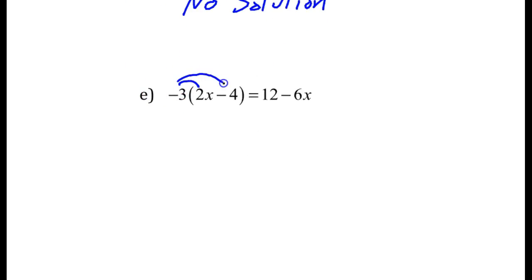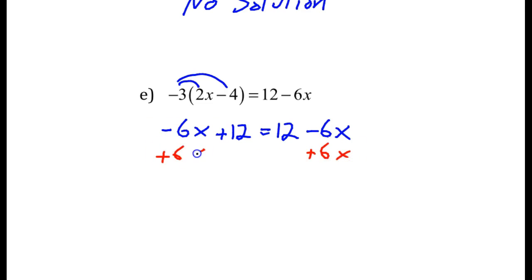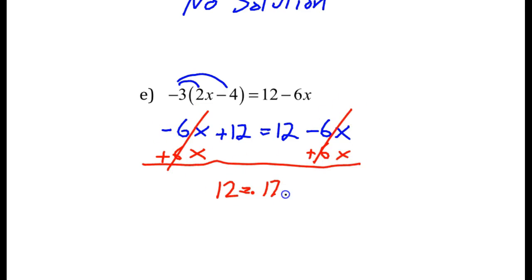Let's do one more. We got negative 6x plus 12 equals 12 minus 6x. So yeah, looks like these are going to cancel out when I add 6x to both sides, and the remaining numbers on either side are equal to each other. 12 equals 12. So this is an all reals again.